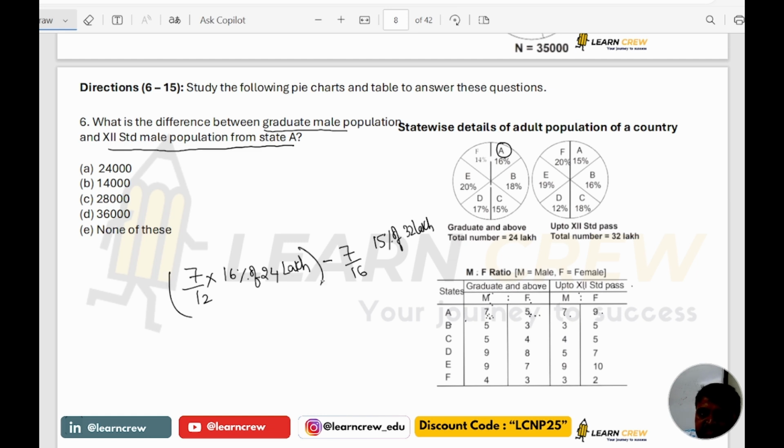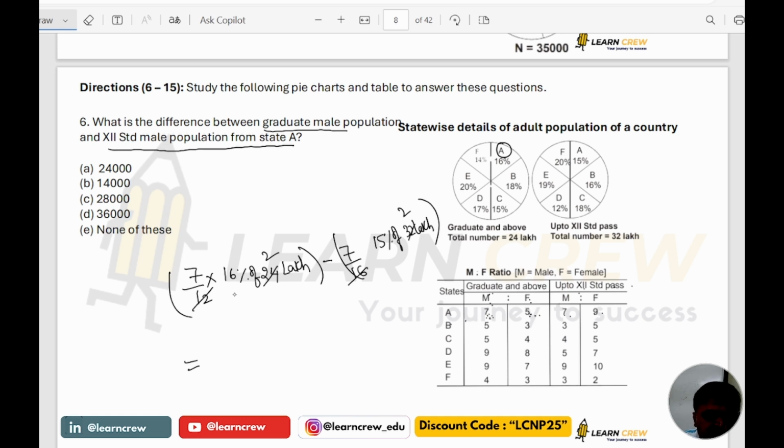This minus this. Here, 12 is for 24 lakhs and 16 is for 32 lakhs. Now 16% of 2 lakhs is how much? 16% of 32 lakhs is 32,000.